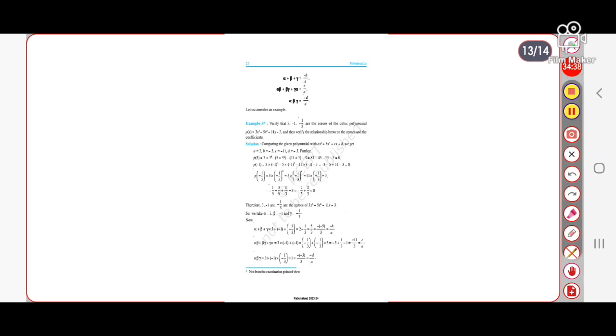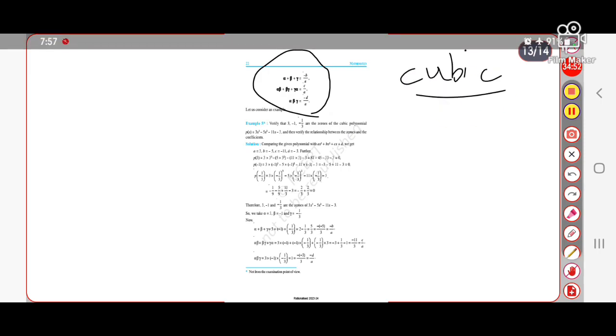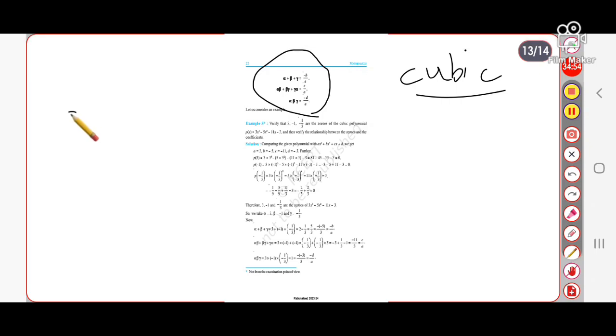Now this is one of the examples given, the formula has been given. It is for a cubic polynomial. Till now we saw power 2, x square plus x plus 3, whatever it may be.